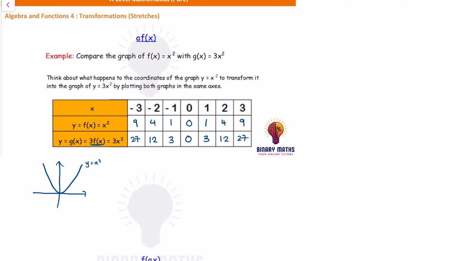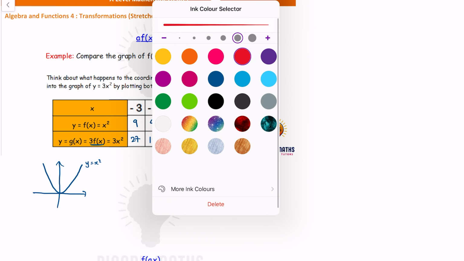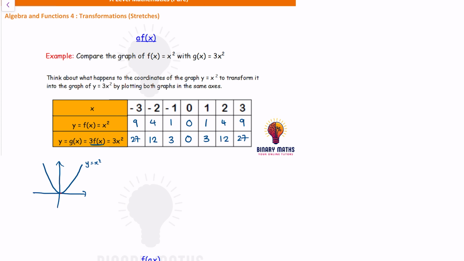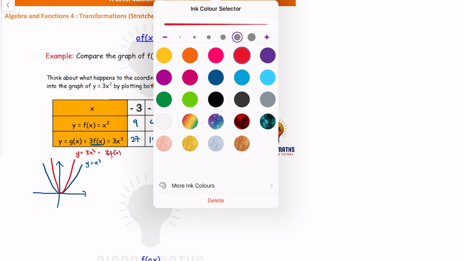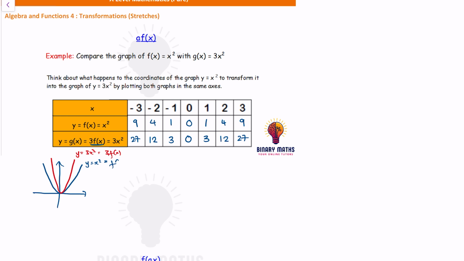Now, if you look at y is equal to 3 times f of x, which is 3x squared, you'll see the y value multiplies by 3, which means if I draw it out, it'll look like this. So it'll be much steeper. Y is equal to 3x squared, which is 3 times f of x. And that one is just f of x.